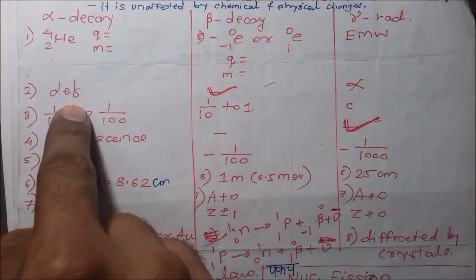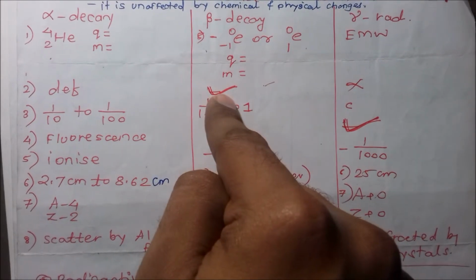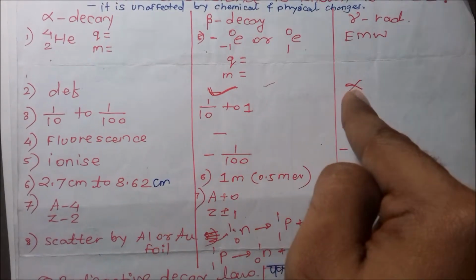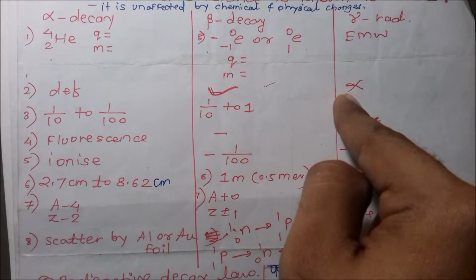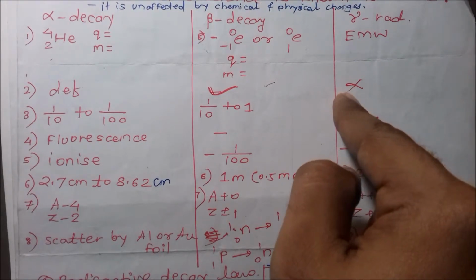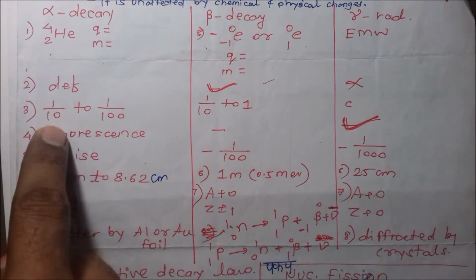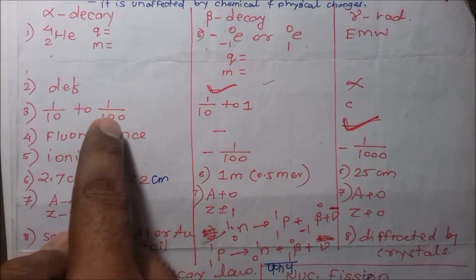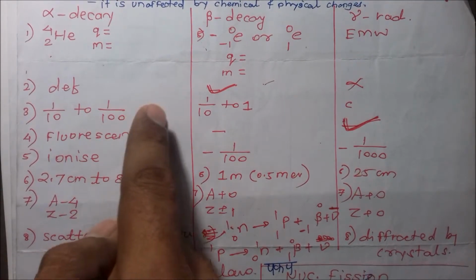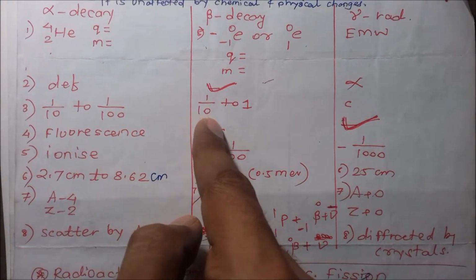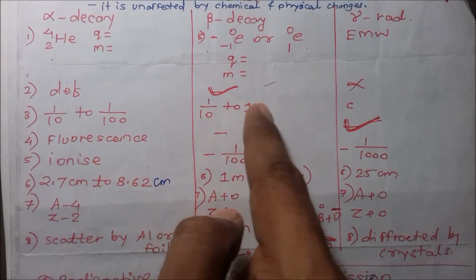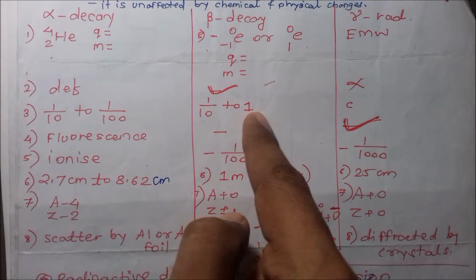Alpha particles get deflected, beta particles get deflected. EMWs, gamma rays do not get deflected by electric field and magnetic field. Velocity of alpha is 1 by 10 to 1 by 100 of velocity of light, c by 10 to c by 100. Velocity of beta is c by 10 to c, but not c.